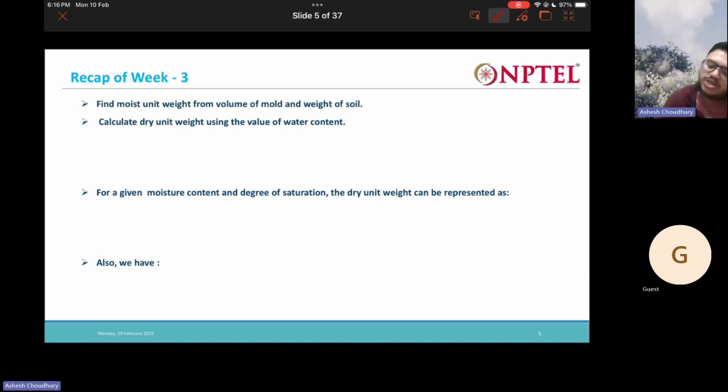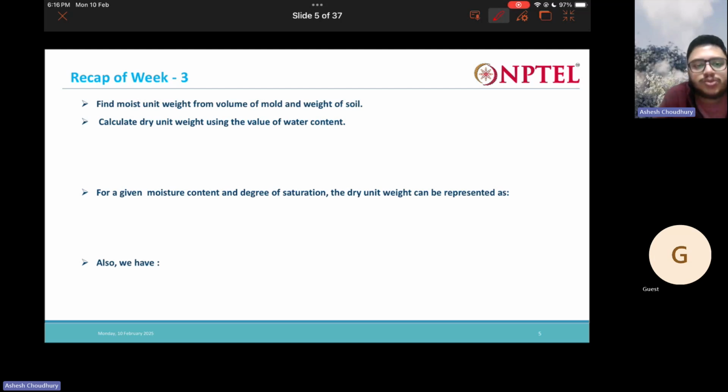Initially you measure the empty weight of the mold, and after you put the soil and trim it off, you measure the weight of the mold plus the weight of the soil. If you deduct the weight of the mold, you will get the moist weight of the soil, right?